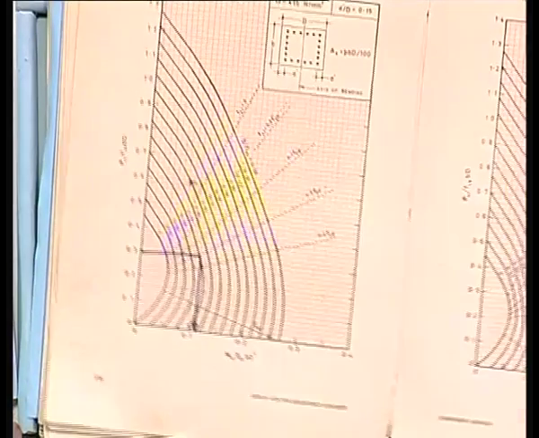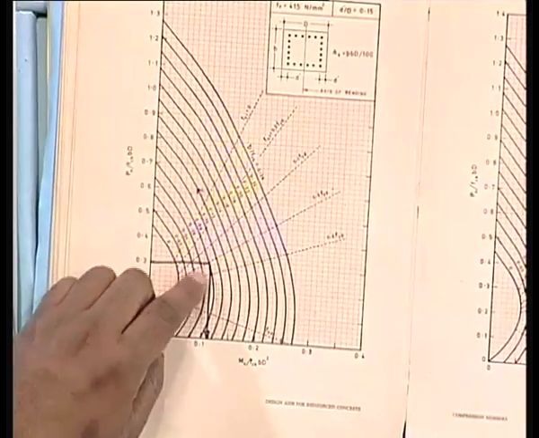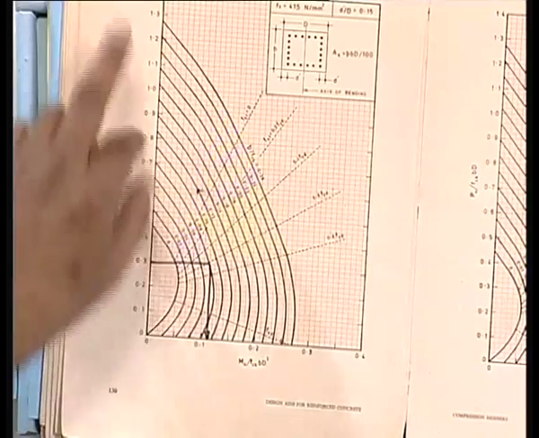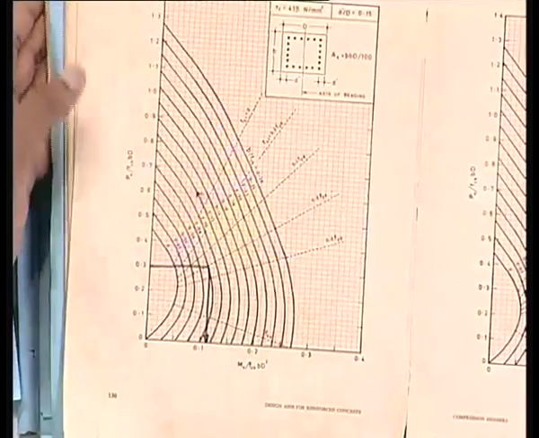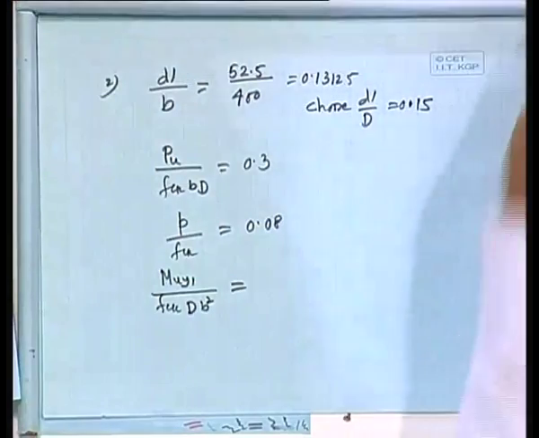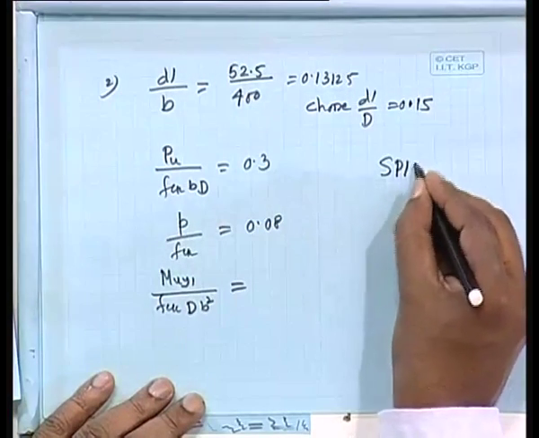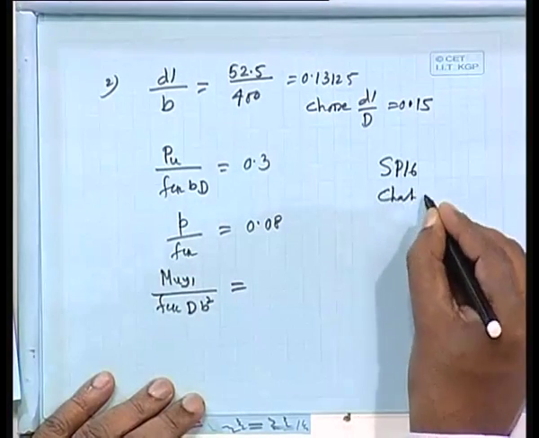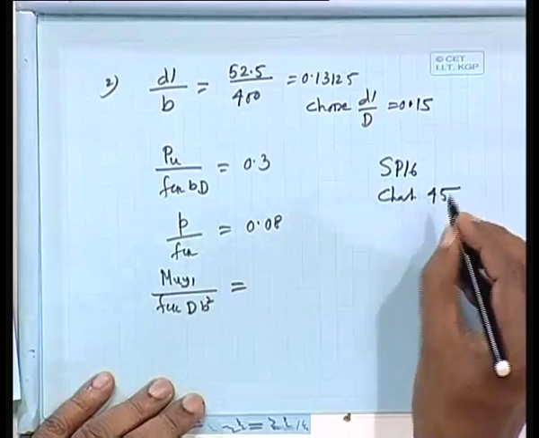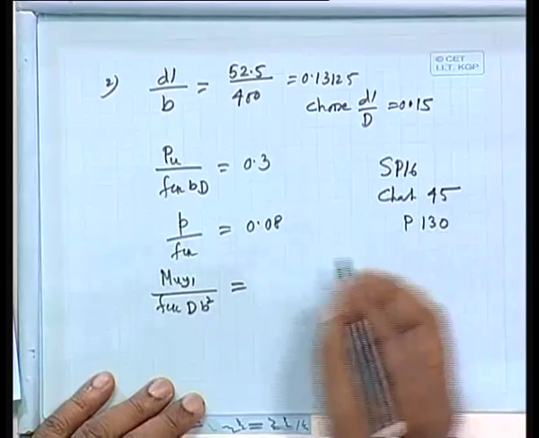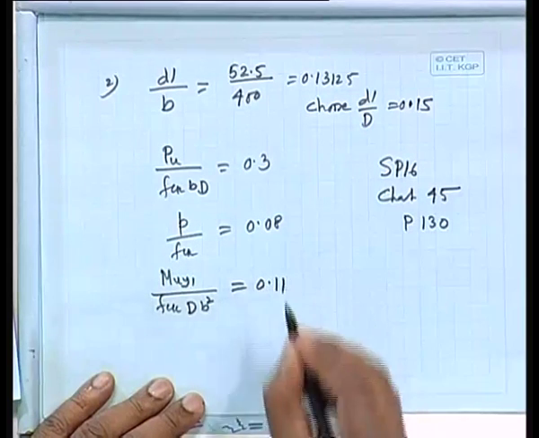So the value is 0.11. I have started at 0.3 and then I am coming down here. So it is 0.11 and you will get it in chart 45, SP16, chart 45, page 130.